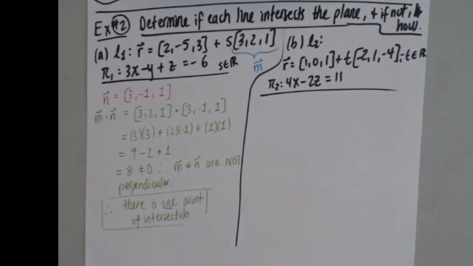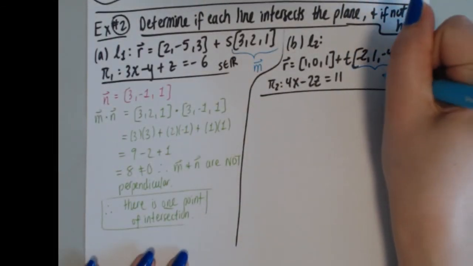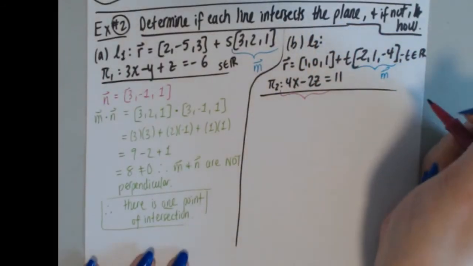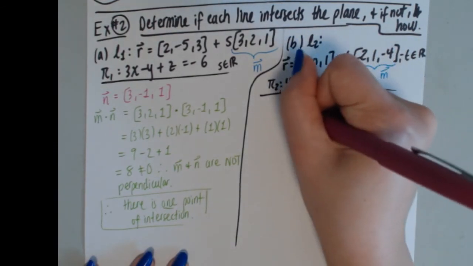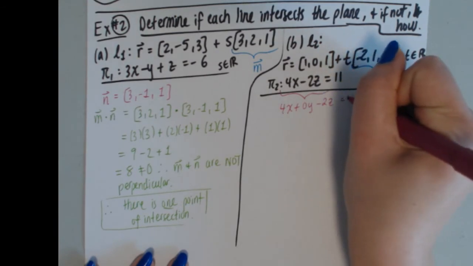Same idea, we have to identify the direction vector. So the direction vector here is (-2, 1, -4). So there's m, and I identify the normal vector. That comes from here. Notice that there's no y. If you want to put a placeholder there, you can call this 4x plus 0y minus 2z equals 11.